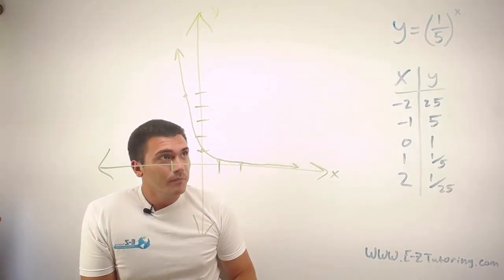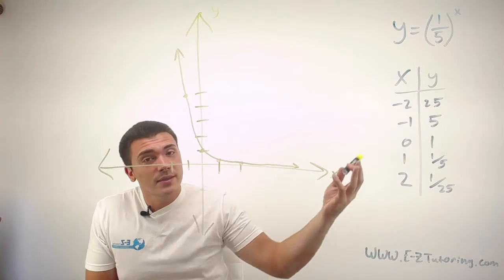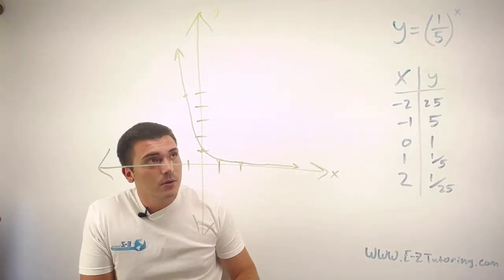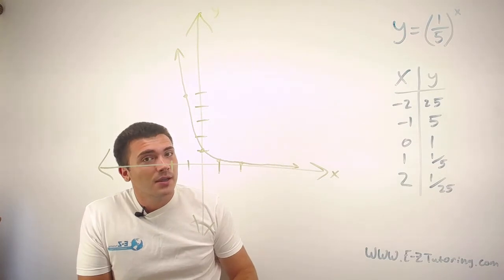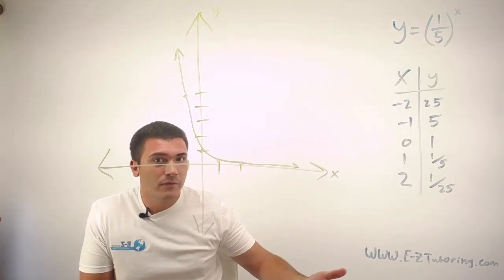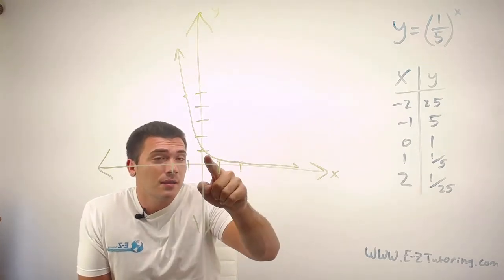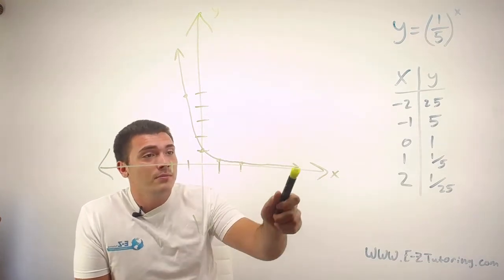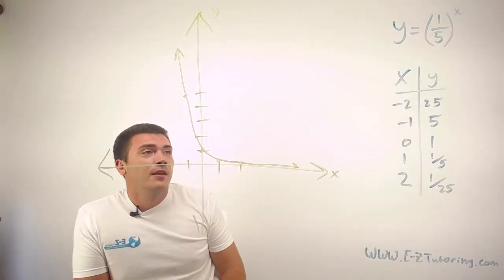Why? Well, when you have a number that's less than 1, like 1/5, the more power that you put on it, the smaller the number gets, because you're taking 1/5 of 1/5 of 1/5 of 1/5, and that number is going to eventually get so tiny that it's going to be very close to the x-axis.